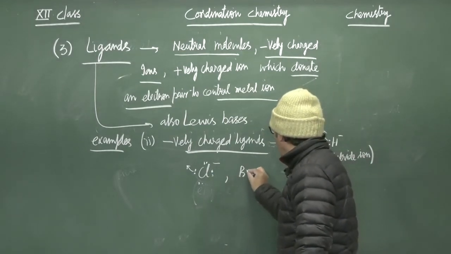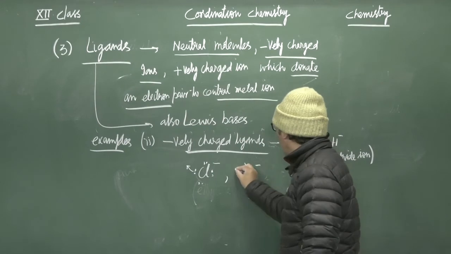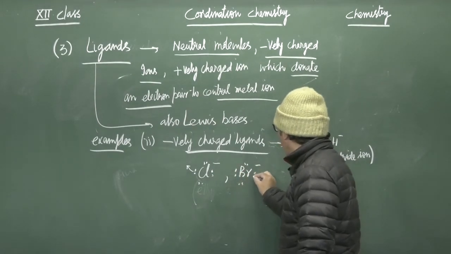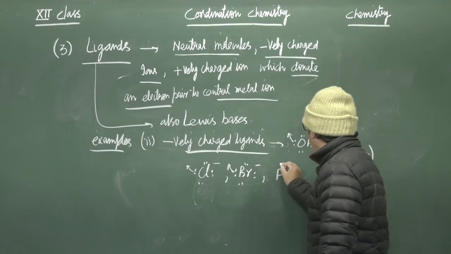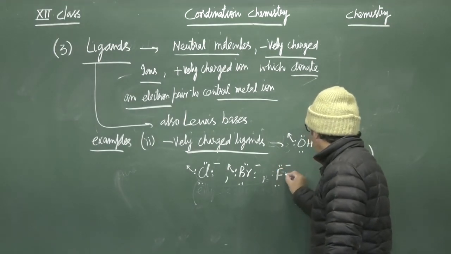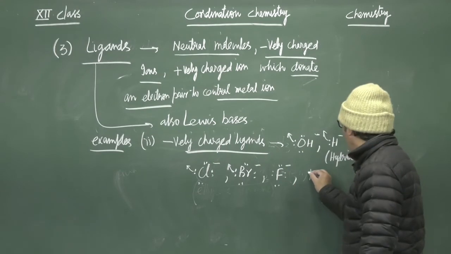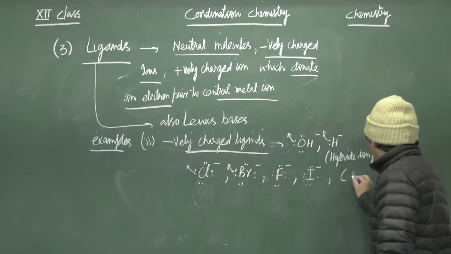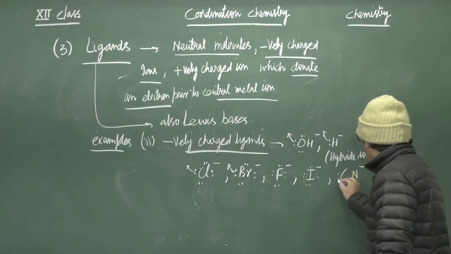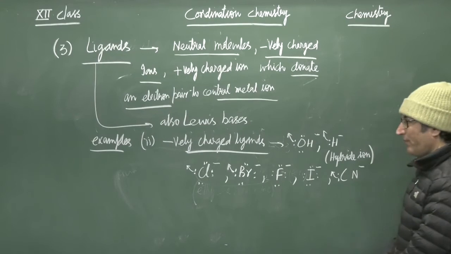You have bromide ion. Bromide ion has got 4 electron pairs. So this can donate one. You have fluoride ion. It can donate an electron pair. You have iodide ion. It can donate an electron pair. Then there is an ion called cyanide ion. Carbon is the donor.